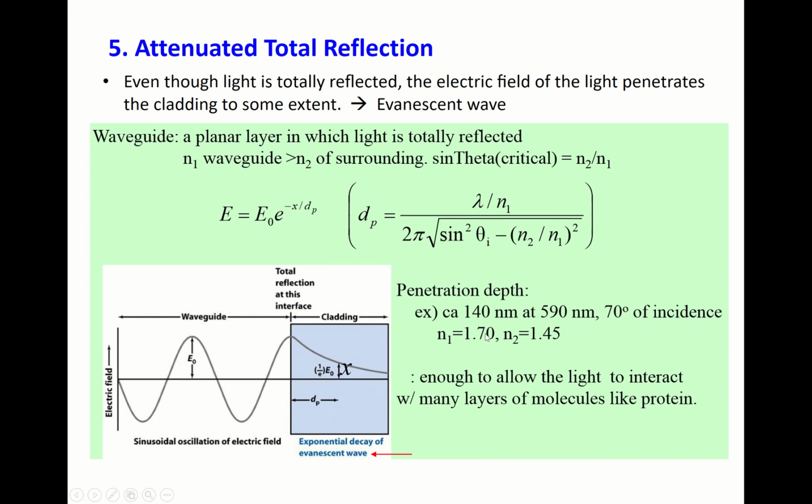For example, the light whose wavelength is 590 nanometer is incident to the interface at 70 degrees, and n1 is 1.7 and n2 is 1.45.